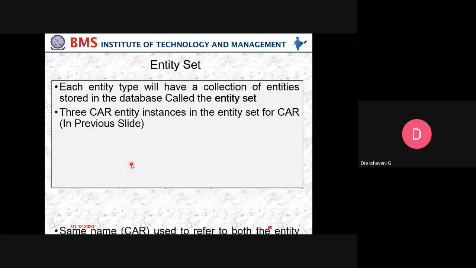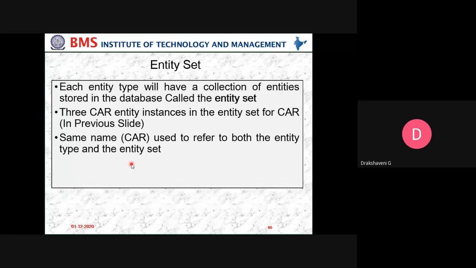What is an entity set? The collection of entities of an entity type stored in the database is called the entity set. There are three car entity instances in the entity set for car in the previous slide. The same name car is used to refer to both the entity type and the entity set.